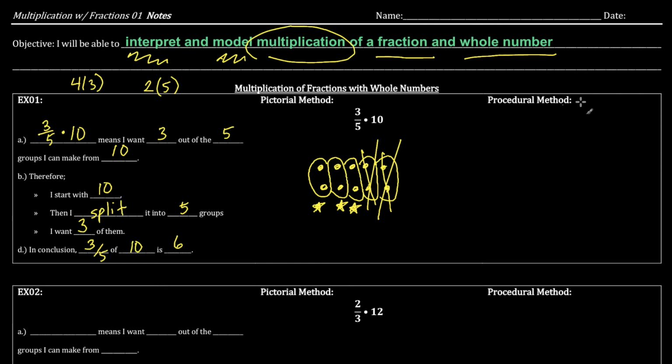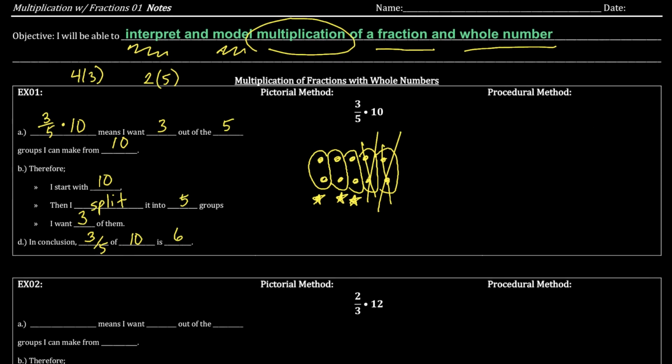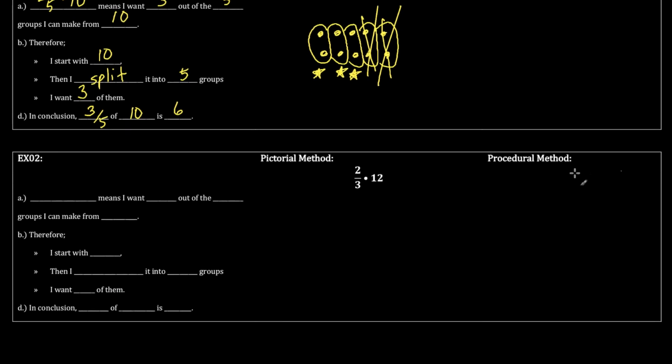Let me show you the same thing again, and then we'll finish off. Okay, so 2/3 times 12. This means I want 2 out of the 3 equal groups I can make from 12.